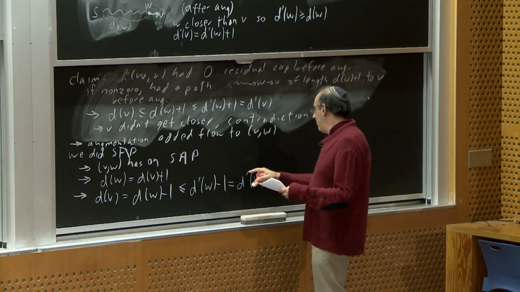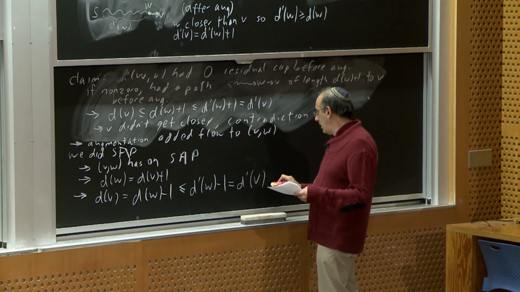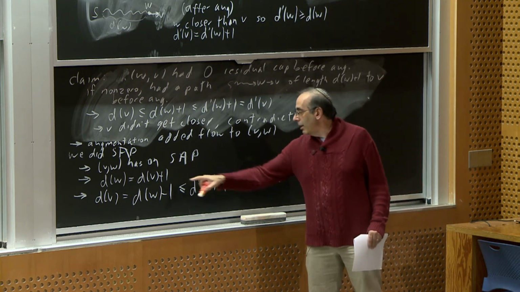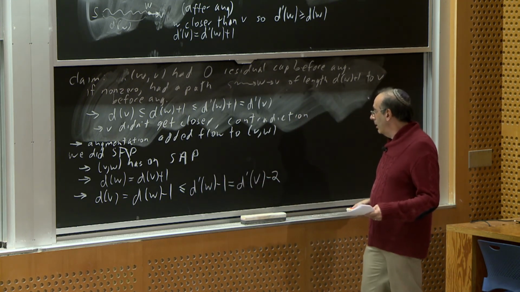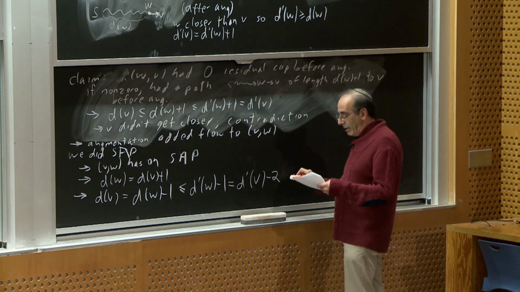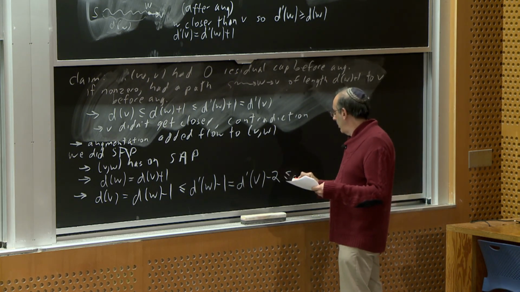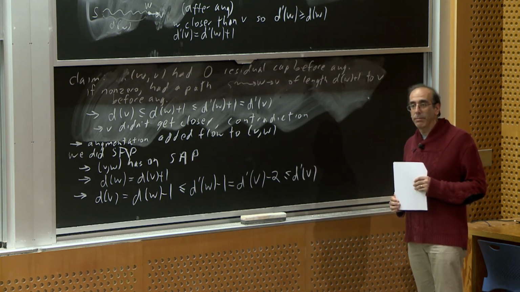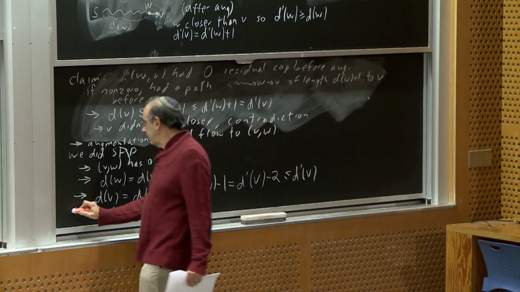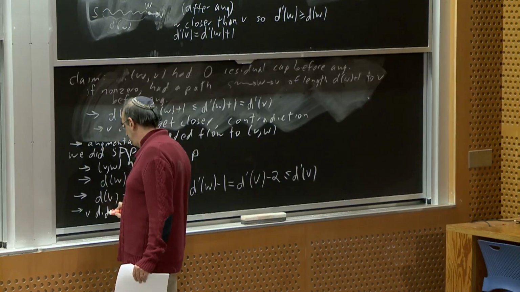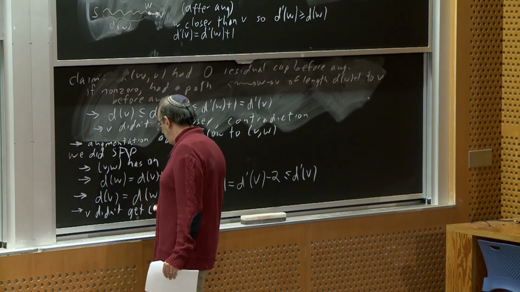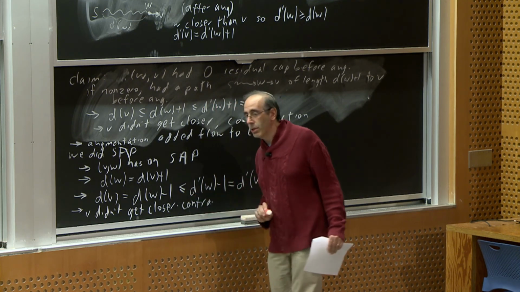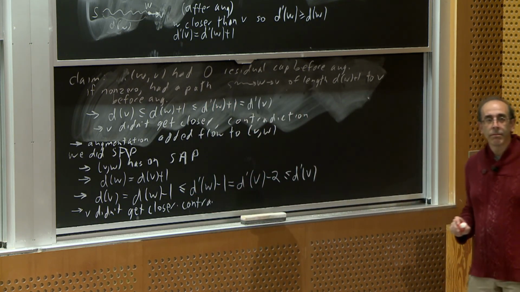But d prime of W is d prime of V minus 1. And so the distance of V is less than the prime distance of V, which means that V didn't get closer. And so that gives us a contradiction to our assumption that V got closer. Okay.